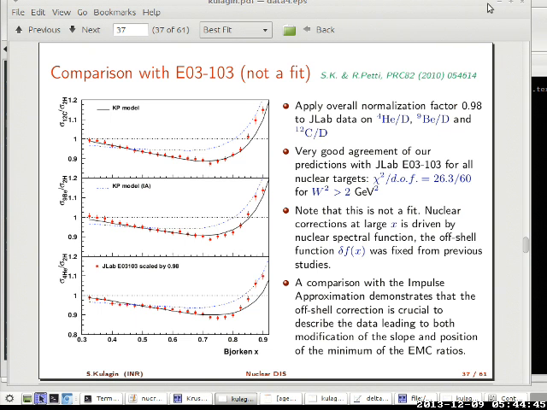The blue curve is what we get if we remove the short range correlation part from the spectral function, and the black one is the full calculation. So here we have sensitivity, and it's clear that without the high momentum and high excitation energy part, it would be difficult to reproduce data here.